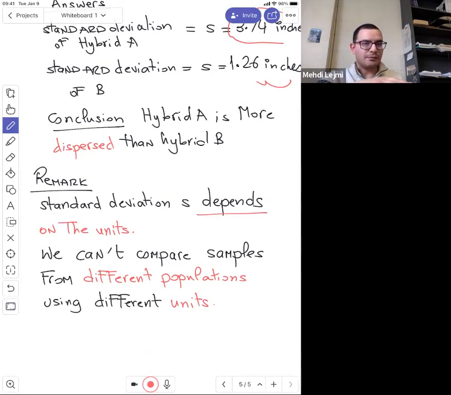Okay, and that's a problem. So you need something which is independent of units. If you have something which is independent of units, then you can compare your data values even if the units are not the same.